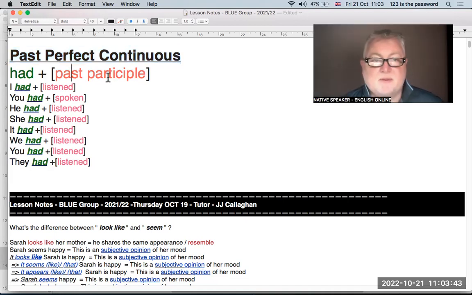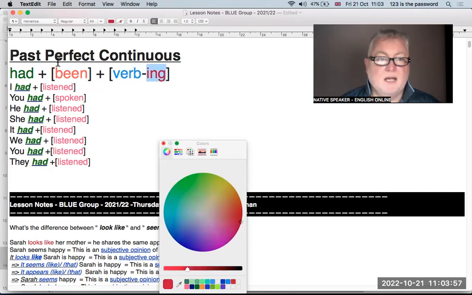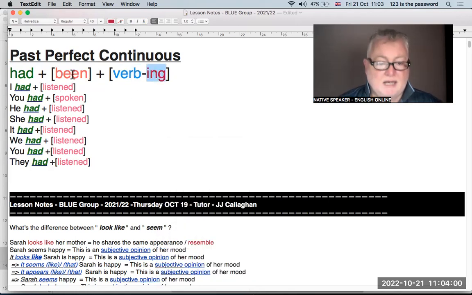Okay, so this past participle becomes only been. Only been. And then what comes next? Verb ing. Okay, now we have only verb ing. Had been. Had doesn't change. That's good news.